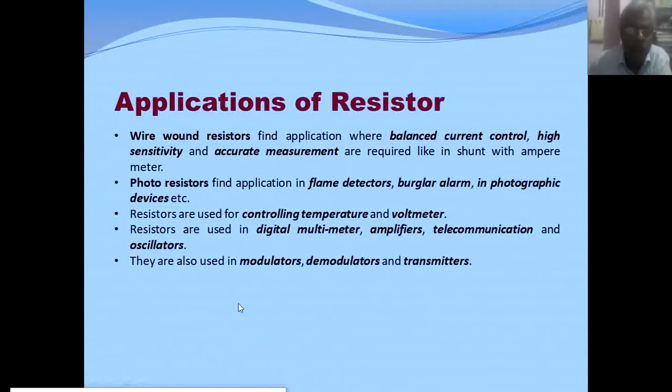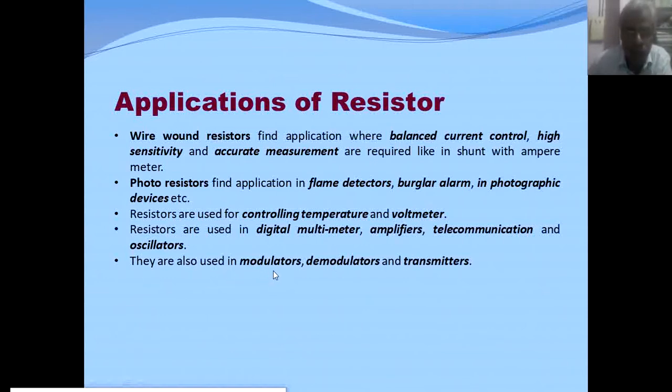There are some applications of resistors. Wire wound resistors find application where balanced current control, high sensitivity and accurate measurement are required, like in a shunt with an ammeter. Photoresistors find application in flame detectors, burglar alarms, photographic devices, etc. Resistors are used for controlling temperature and in voltmeters. They are used in digital multimeters, amplifiers, telecommunication and oscillators.